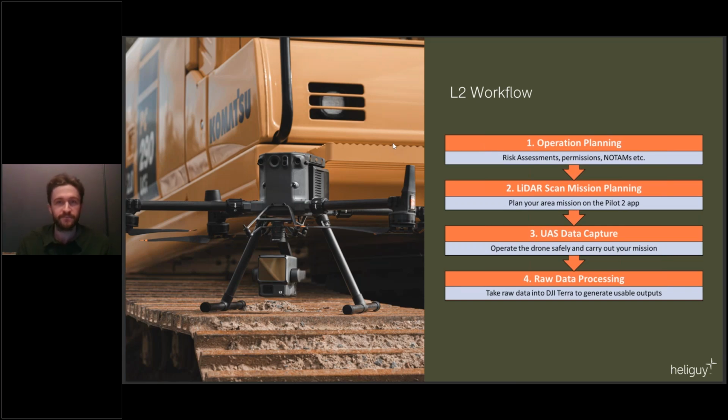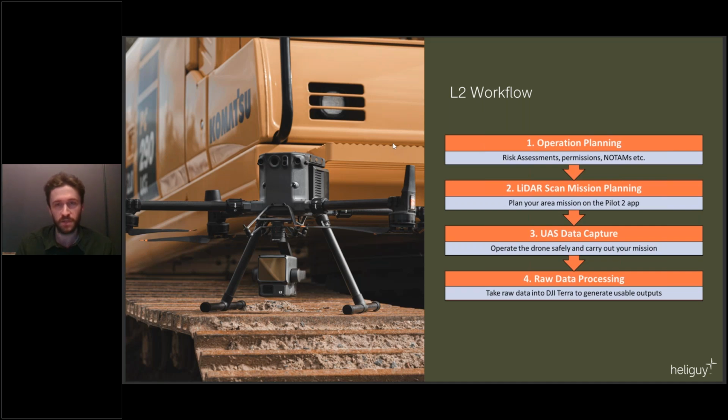Do your pilots have the GDC training? Do you have permission to fly in the area? So for this particular sensor, you will need the M300 or the M350, which means that you will need the GDC training in the UK. So that's a sort of first step.